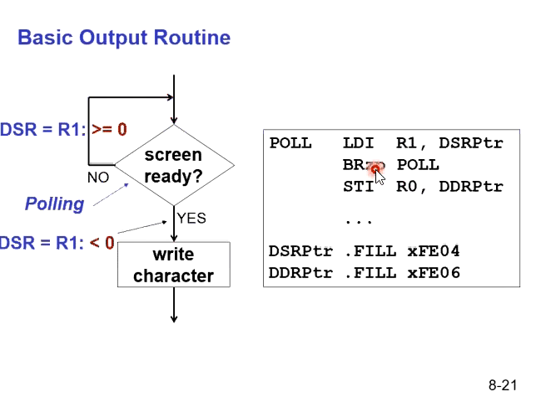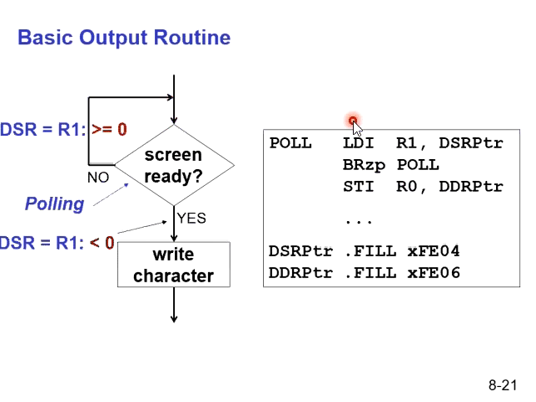For example, we have the new character in R0, because we just got a new character from above. For example, over here we have the basic input routine. So in R0 we have a new character and you want to display it.